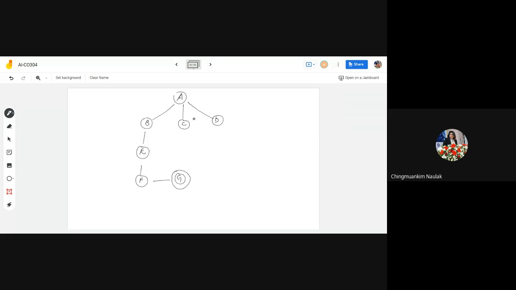Then you have the distances given to you: this is 1, this is 1, this is 1, this is 3, this is 5, and this is 2. No, this is not the goal node, this is the source.